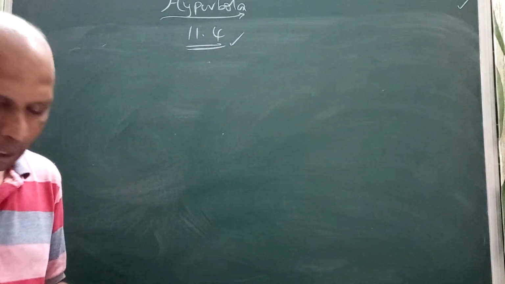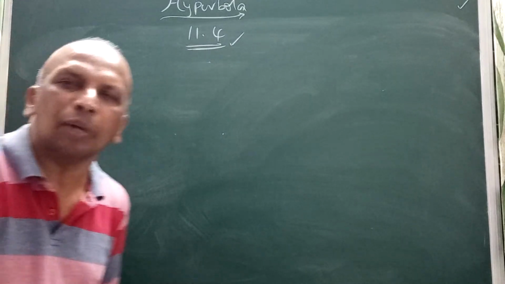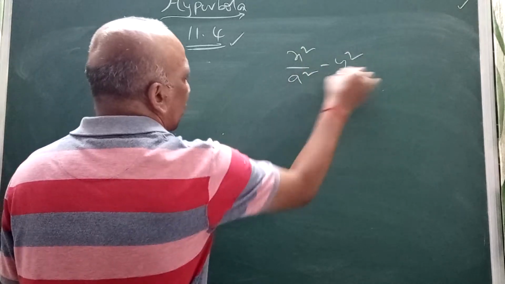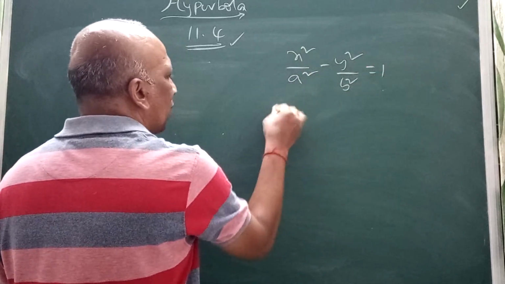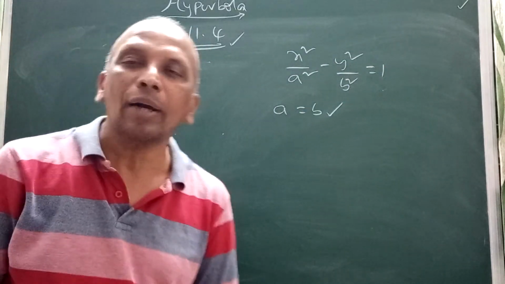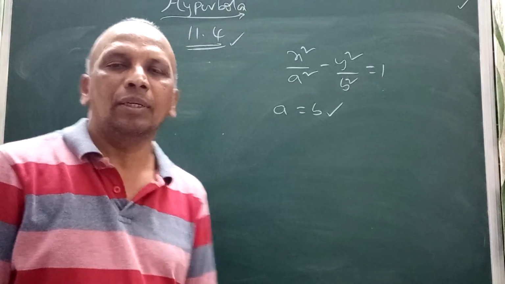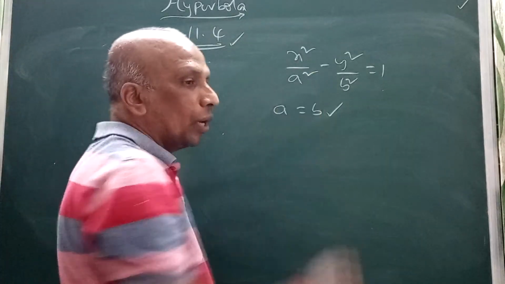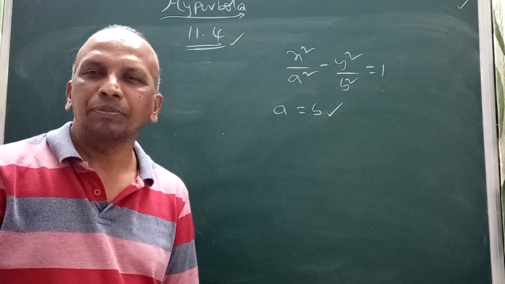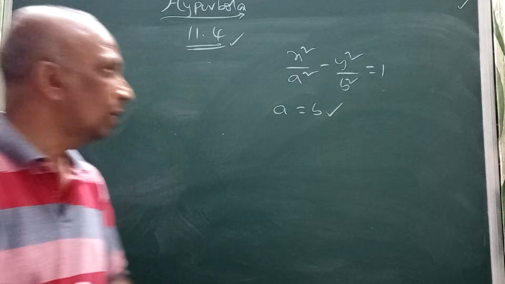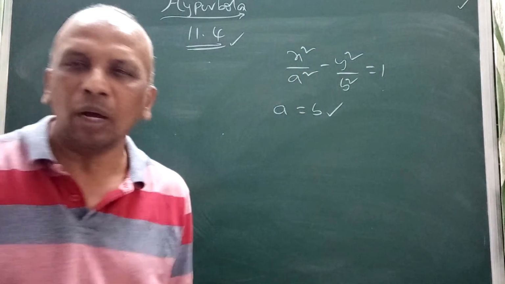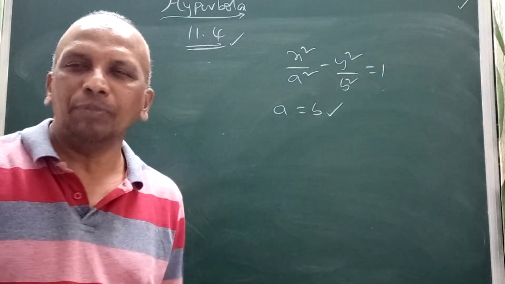Before doing the seventh problem, just remember in hyperbola, x square by a square minus y square by b square equal to 1, if a is equal to b, this hyperbola is called an equilateral hyperbola or rectangular hyperbola. Remember that point and note it.